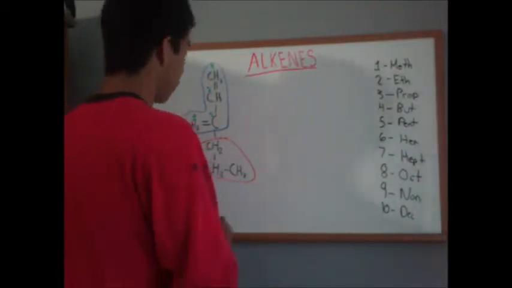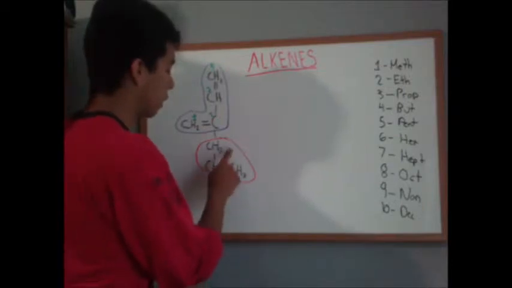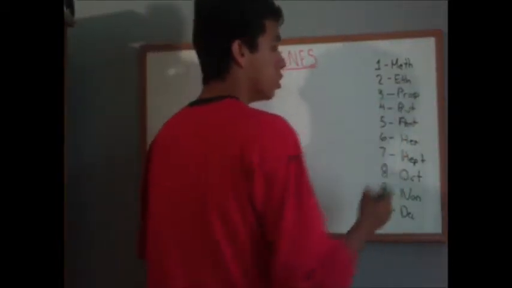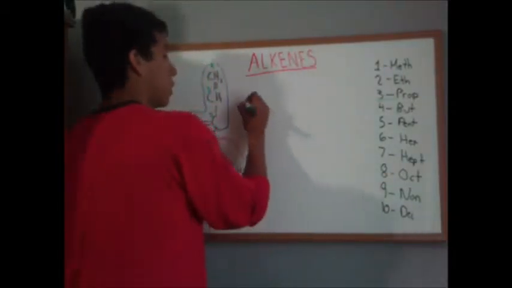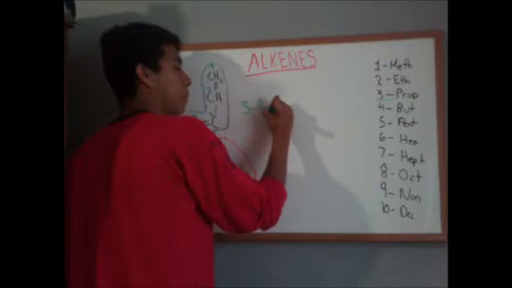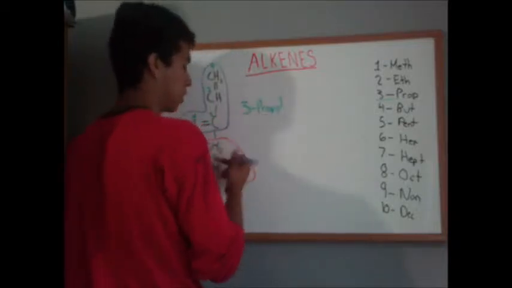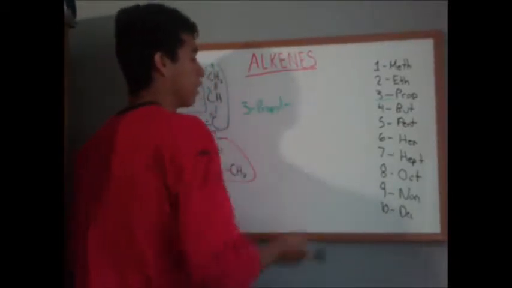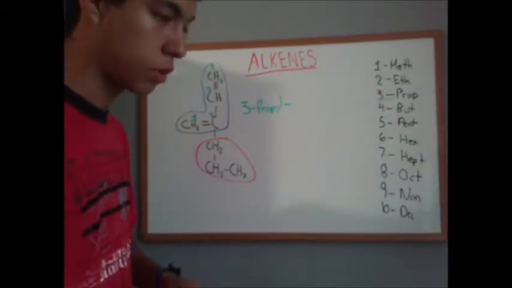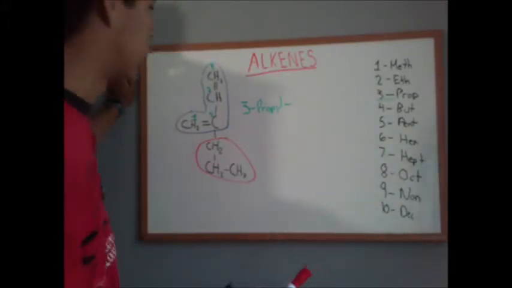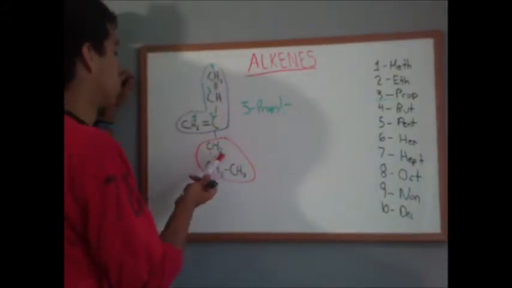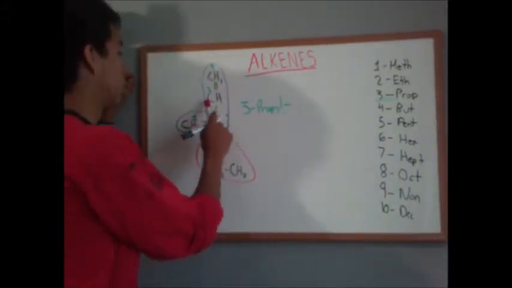Well, first is the substituent. Here we have 3 carbons, so the prefix is prop. So it's going to be 3-propyl, because it's a substituent, and then the numbers where the double bonds of the alkene are: 1 and 3.